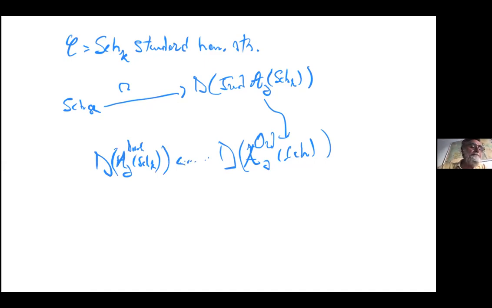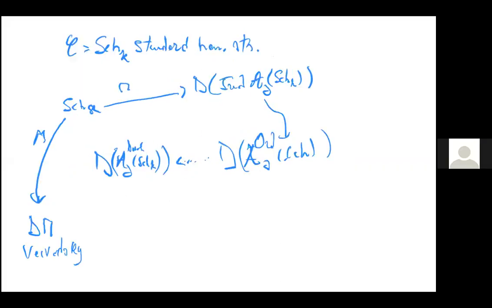And then we know that we have already the functor from this to the Voevodsky category here.